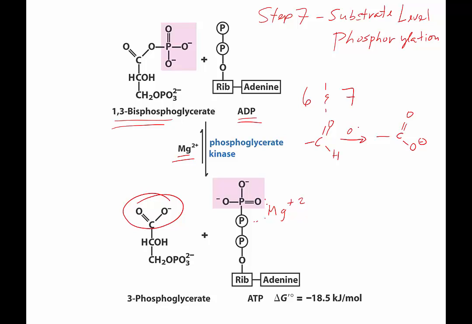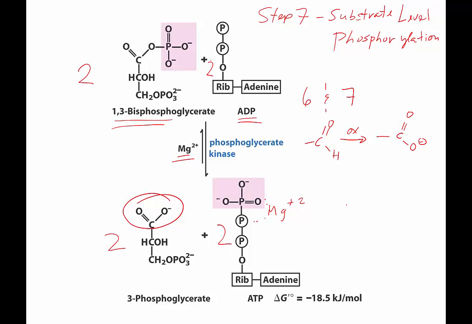We've oxidized the aldehyde to a carboxylic acid, and in the process we used two of these, produced 2 of these, and 2 ATPs. So now we have produced 2 ATPs for each glucose that entered the pathway, and we actually are a little bit ahead because we produced NADH in the previous step. So at this point we've actually broken even.